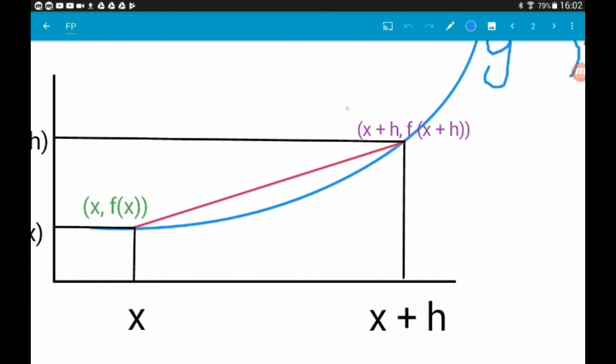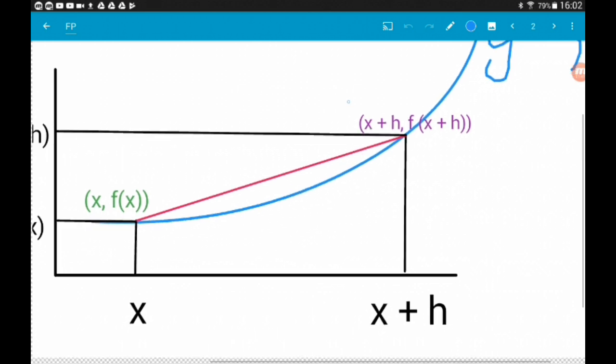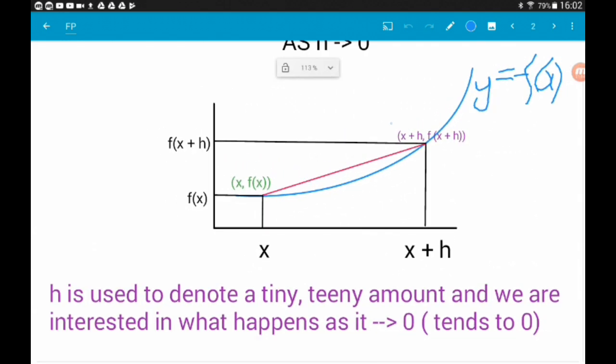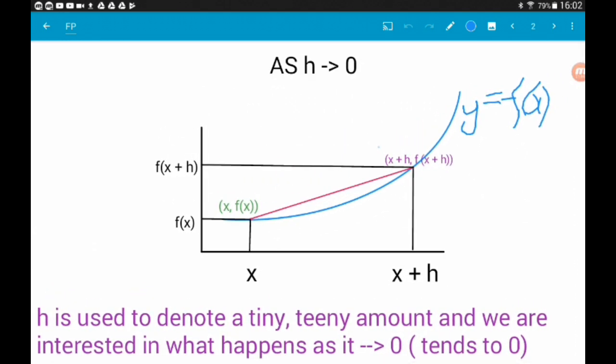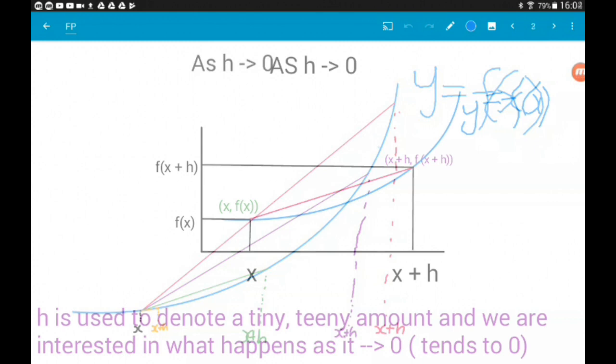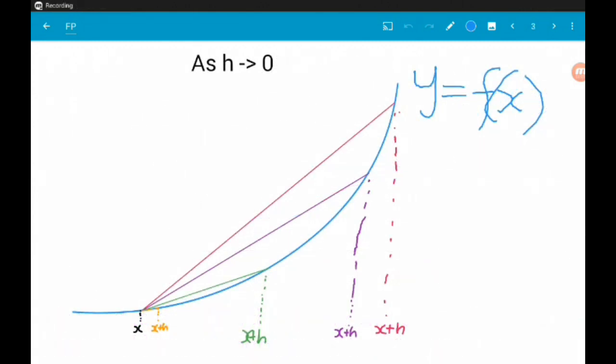It's a lot steeper. So we're going to see what happens as this already tiny amount h gets smaller and smaller and smaller. Now I've taken away the axes. We don't really need the axes. This is just somewhere on our curve that we zoomed right in.